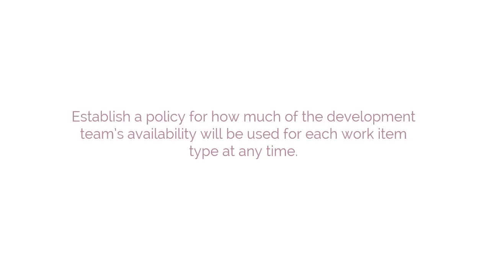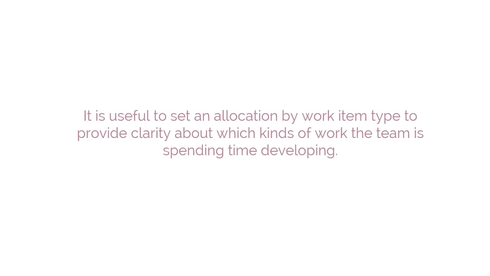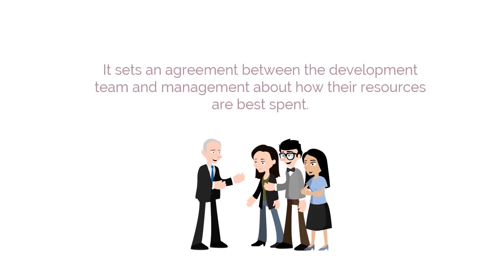Establish a policy for how much of the development team's availability will be used for each work item type at any time. It is useful to set an allocation by work item type to provide clarity about which kinds of work the team is spending time developing. It sets up an agreement between the development team and management about how their resources are best spent.